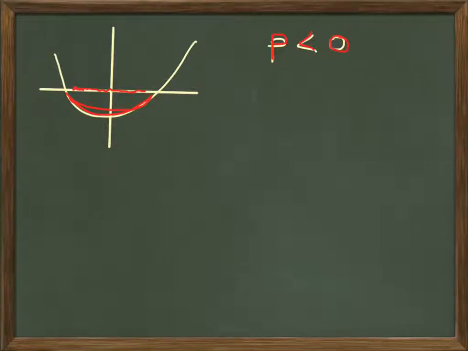If, on the other hand, we were asked to find where is the parabola greater than 0, then we'll be looking at these parts of the parabola. So the answer is for these values of x over here, those will solve this. So these two parts will be solving that inequality.